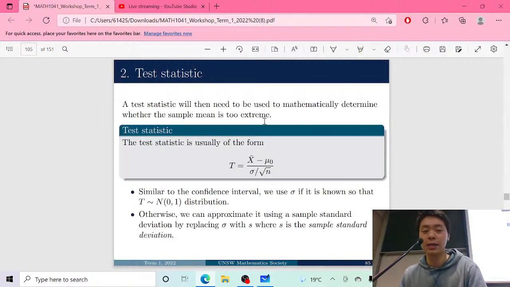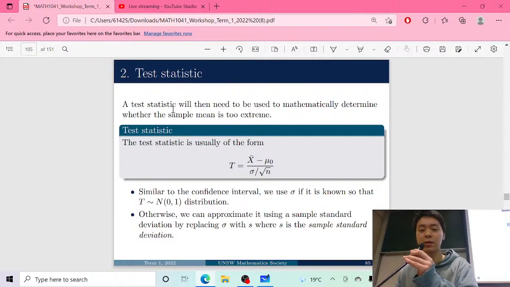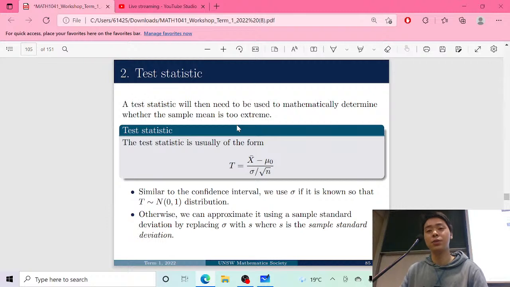So the second part is to compute your test statistic. The test statistic comes in many forms. The two that we've basically looked at so far are the normal distribution and the t-distribution. And you use them depending on the situation you have.